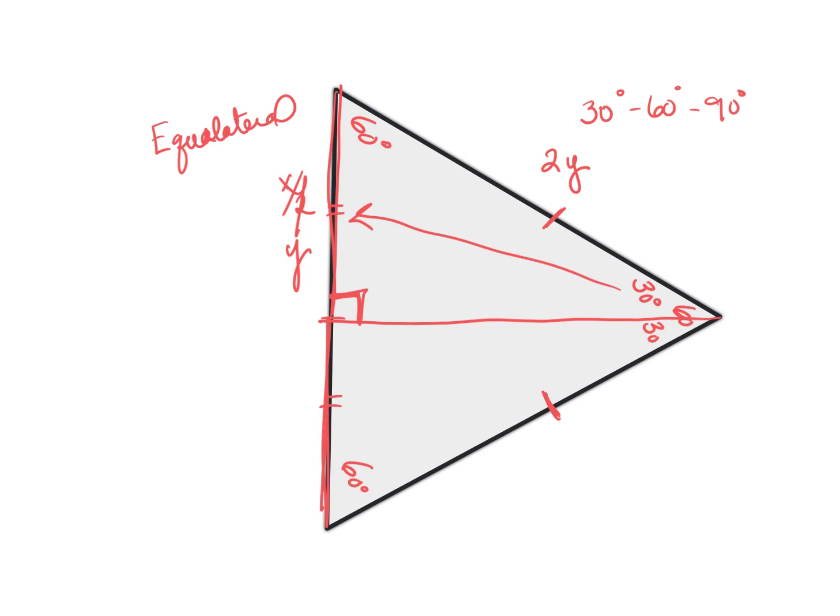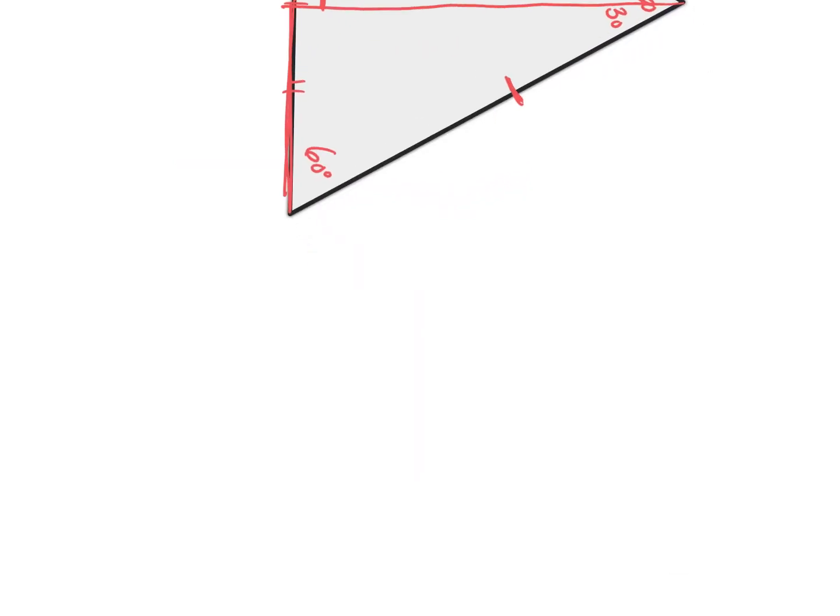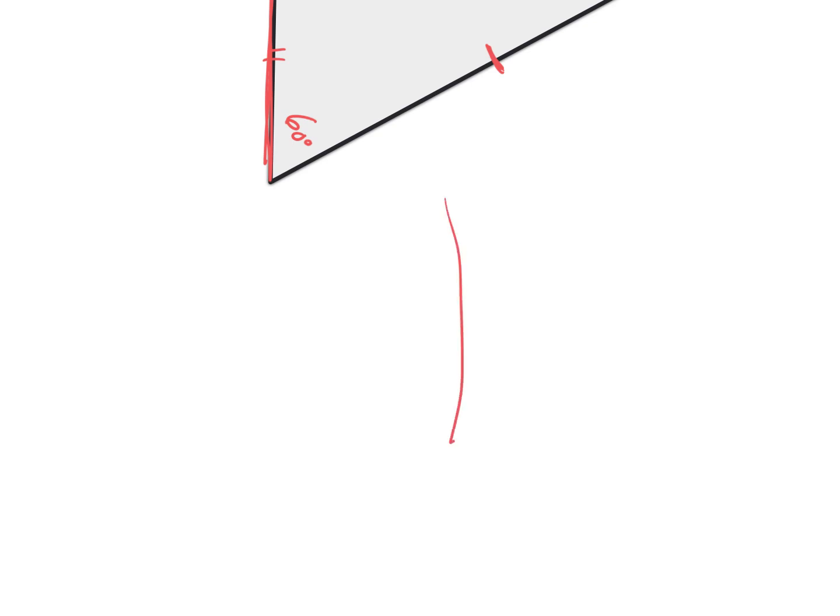It's half of whatever the other side of the equilateral triangle is, which in this case creates our hypotenuse with that right angle. And how your MCAS reference sheet has it is that this is the 30 degrees, this is the 60 degrees.